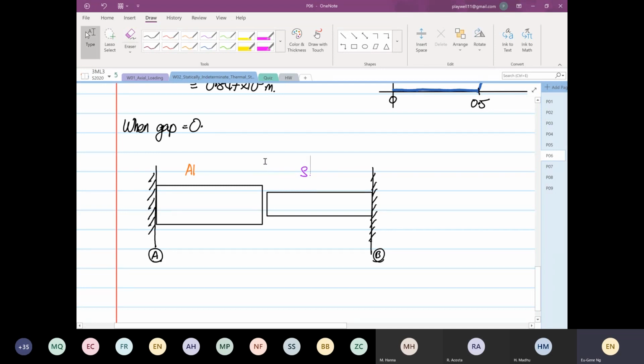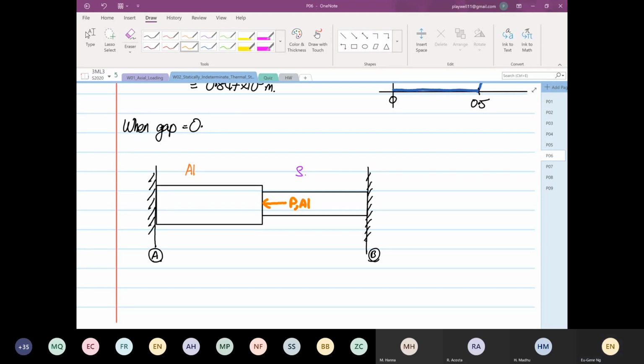So now, I'm going to induce this where the gap is equal to 0 now. Okay. So when the gap is equal to 0 now, okay, watch what is going to happen. There's a force acting on the aluminum. Okay. And it's going to induce a what?